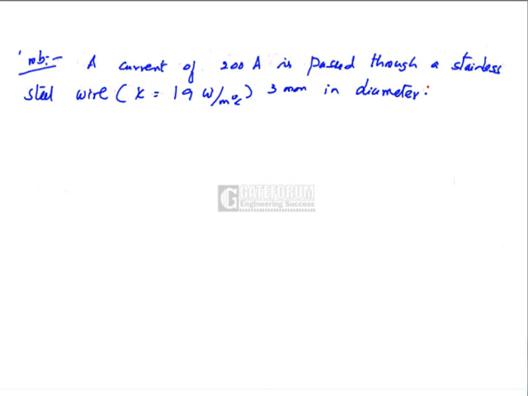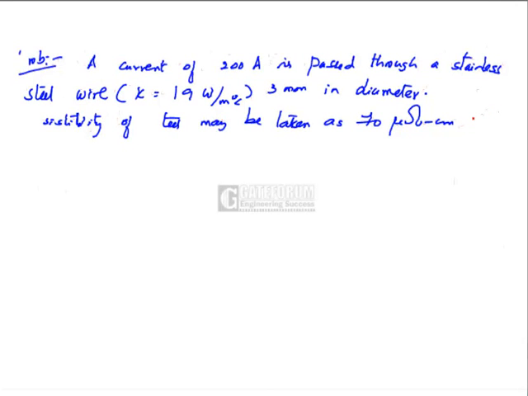The resistivity of steel wire may be taken as 70 micro ohm centimeter, and the length of wire is 1 meter.